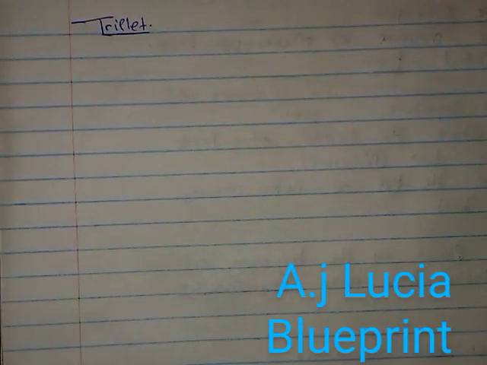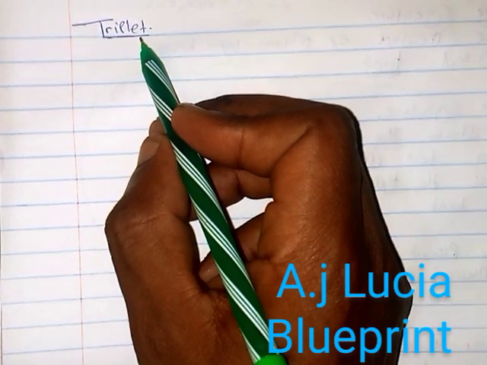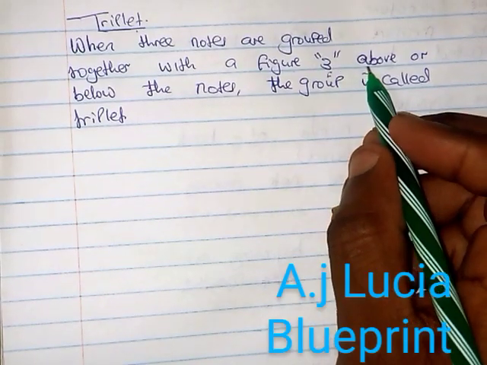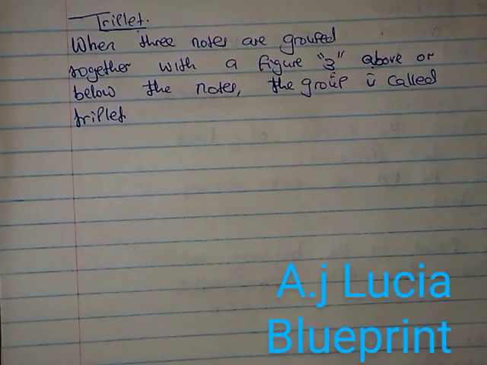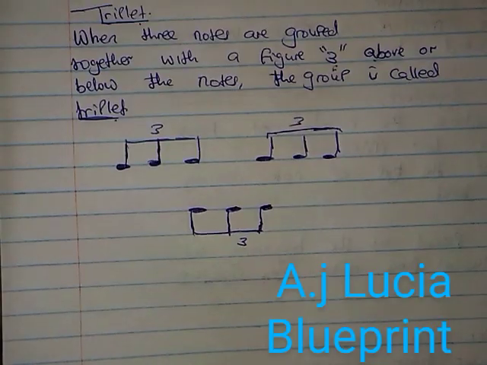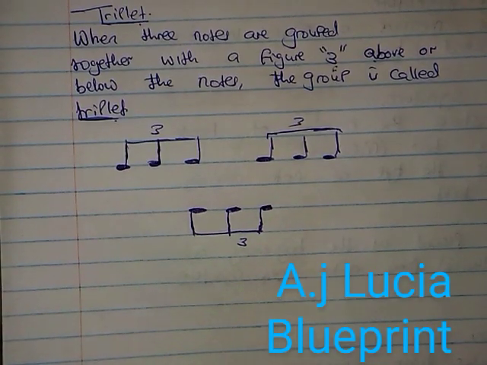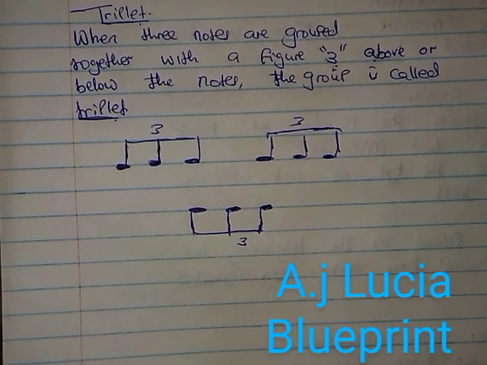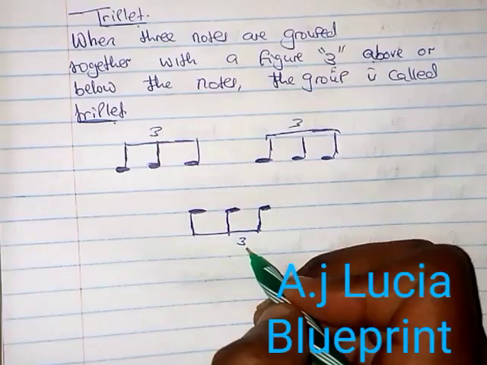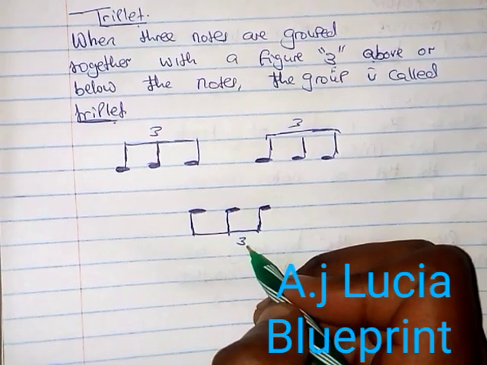Before we move to compound time signatures, I want us to take a look at the triplet. When 3 notes are grouped together with a figure 3 above or below the notes, the group is called a triplet. In a musical piece, you may come across a group of 3 notes with figure 3 as shown on the screen.